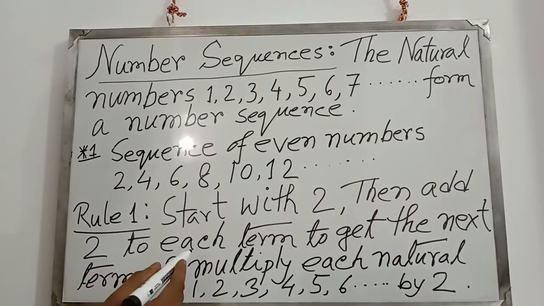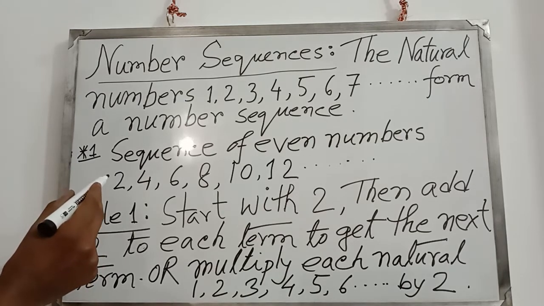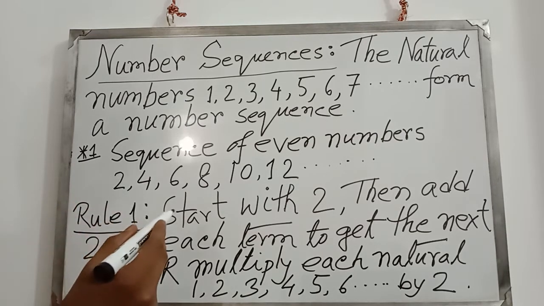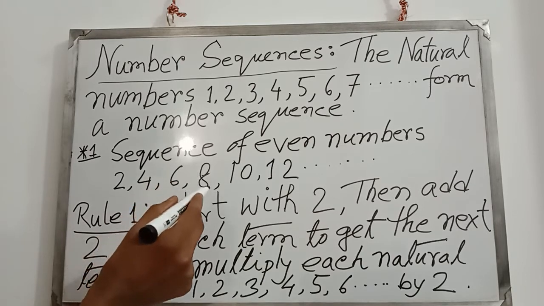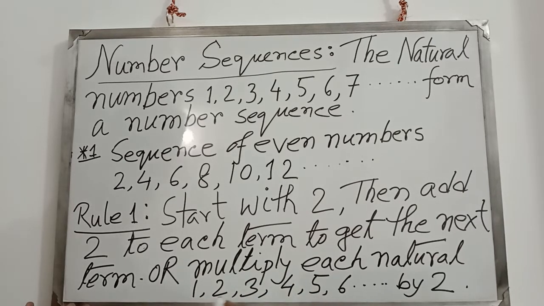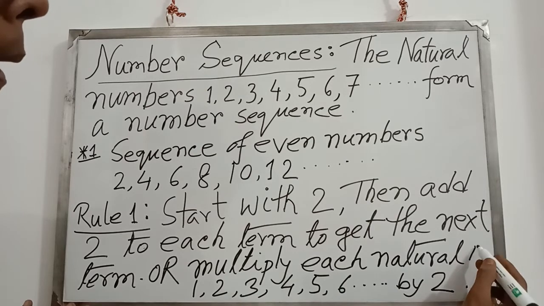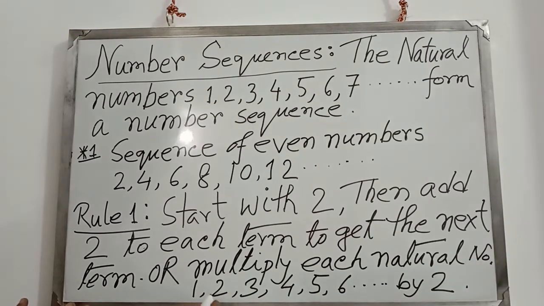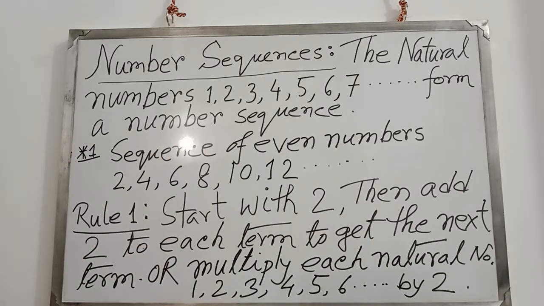Then add 2 to each term to get the next term, or multiply each natural number 1, 2, 3, 4, 5, 6 and so on by 2. This is for even numbers. Next, odd numbers.